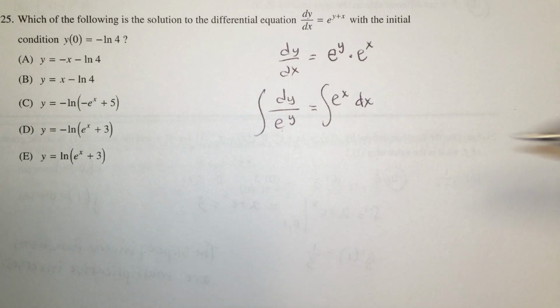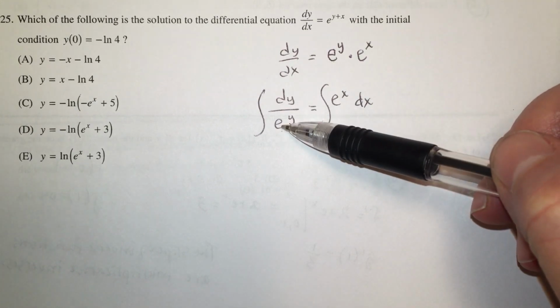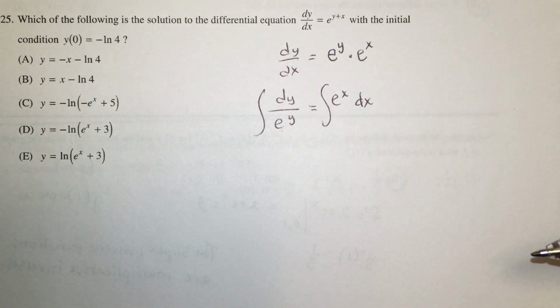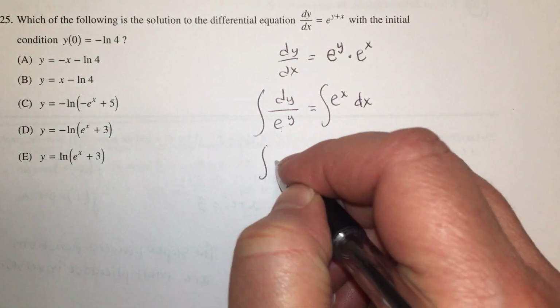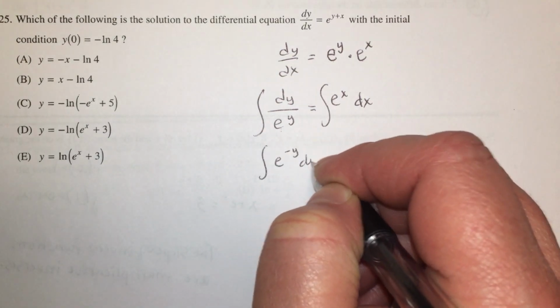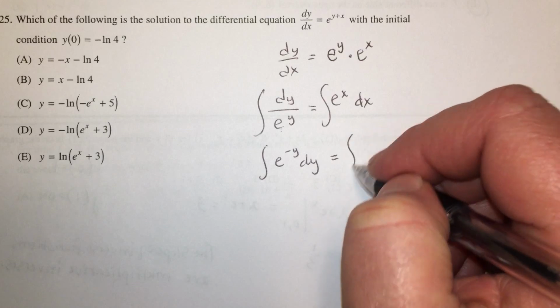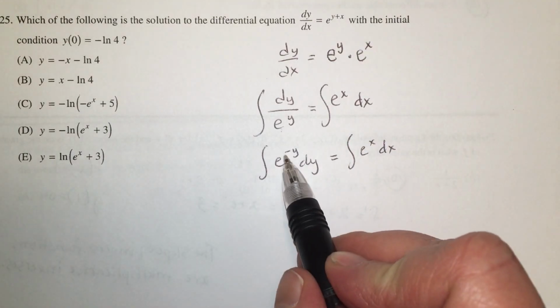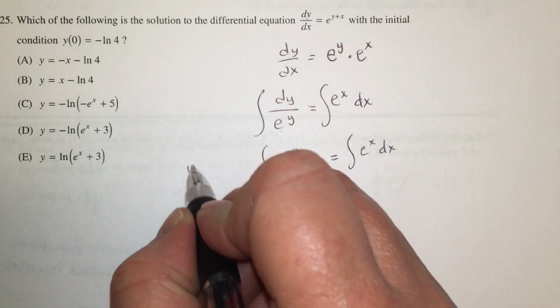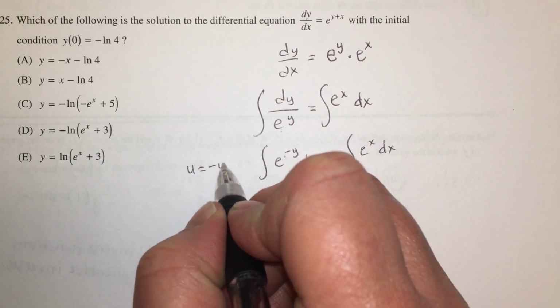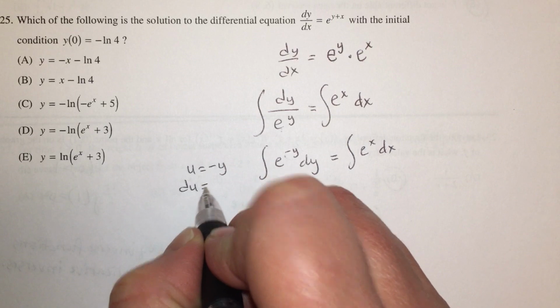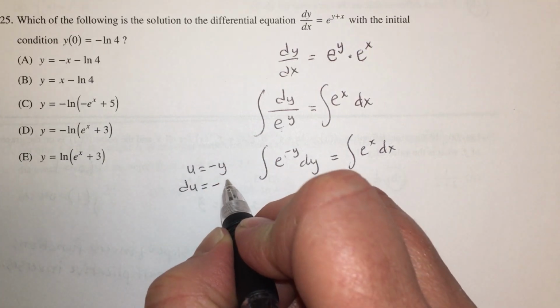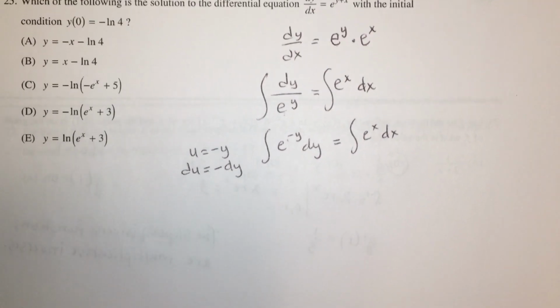And if we integrate 1 over e to the y, another way to write that is e to the negative y dy. So then we could use a u substitution on this and call u is negative y, which would make our differential du be negative 1 differential y.